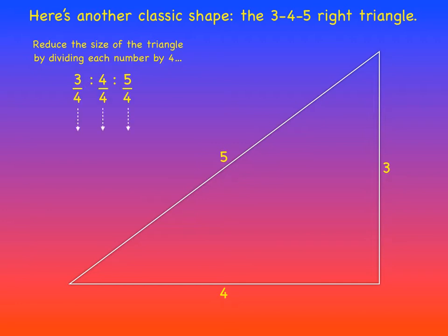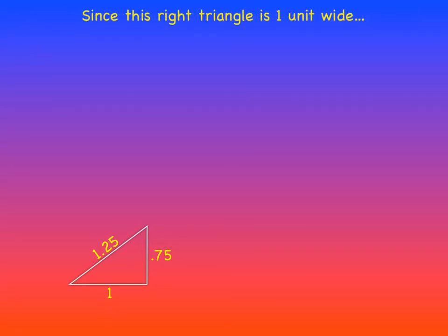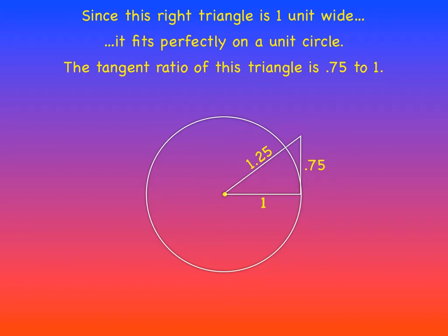The ratio now is 75 hundredths to 1 to 1 and 25 hundredths. There we reduce the triangle, and here are our equivalent ratios, or numbers. Since this right triangle is 1 unit wide, it fits perfectly on a unit circle. Ta-da! The tangent ratio of this triangle is 0.75 to 1.